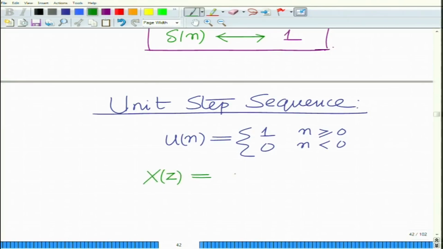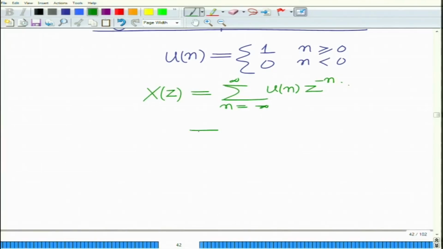So, X(z) equals summation n equals minus infinity to infinity u[n] z^(-n).